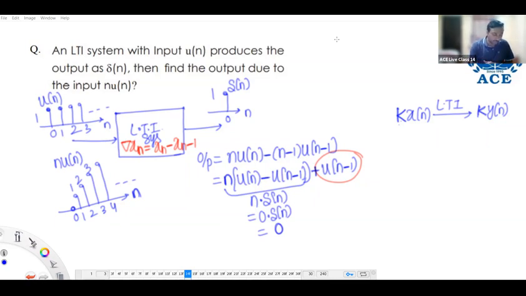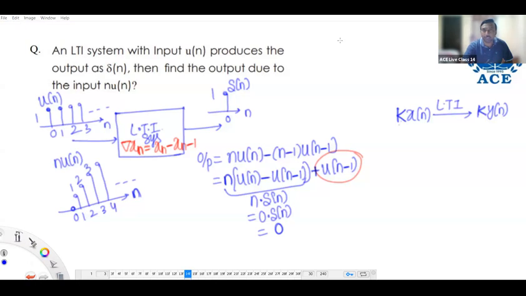Whatever we discussed till now is the time domain analysis of signals and systems, that is, introduction and convolution. Now we are entering into the frequency domain concept, for which the mathematical tools are Fourier series and Fourier transform.